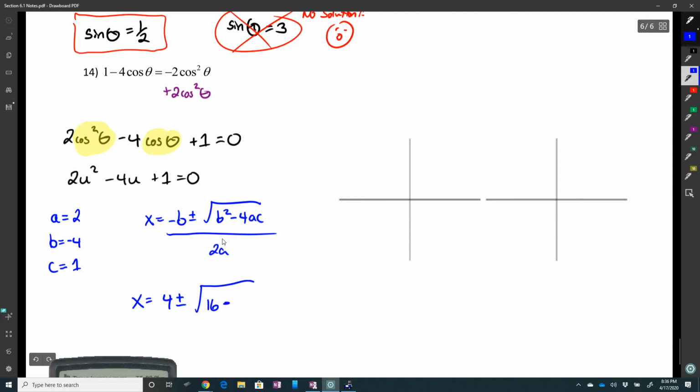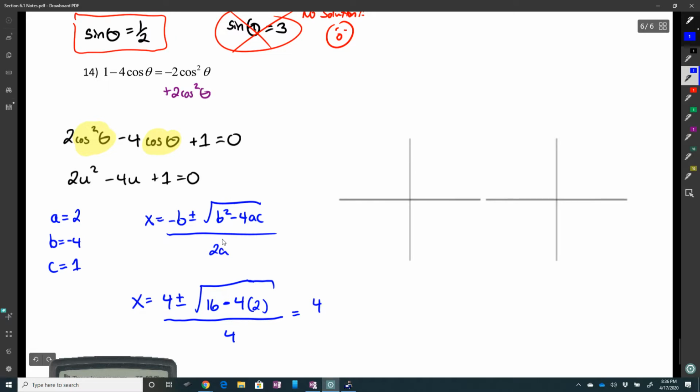All right, anyway, so negative b, 4, plus or minus the square root of b squared, 16, minus 4 times a times c, which is 2. Notice how I do the small chunks in my head. The more stuff you do in your head, the less chance you have to make a calculator error. 2a is 2 times 2, which is 4. And this is very similar to the last problem we did.